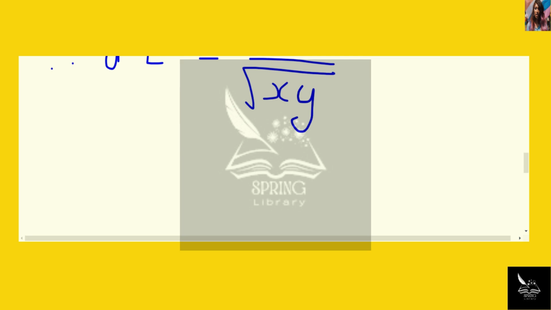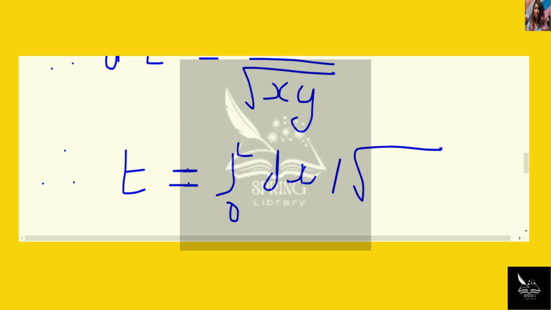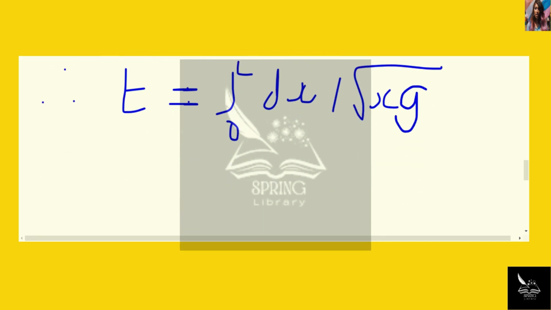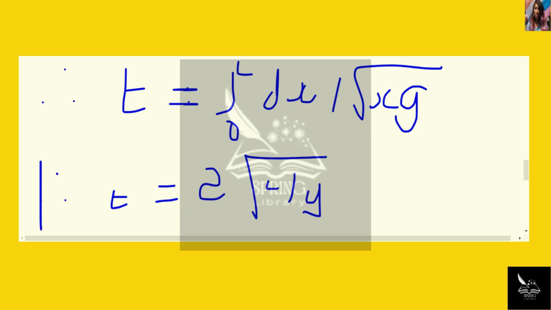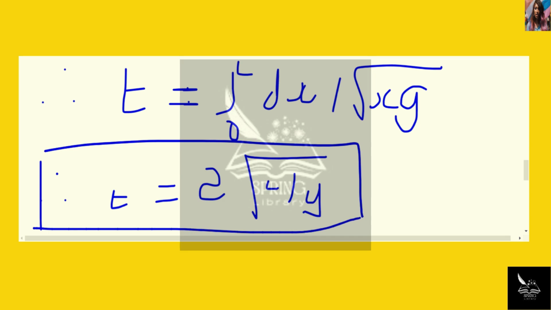Now integrating both sides with limits 0 to L, we will have the time period t is equal to the integral of dx upon the square root of xg. This will lead to the answer 2 times the square root of L by g seconds. So this is the time that is required.